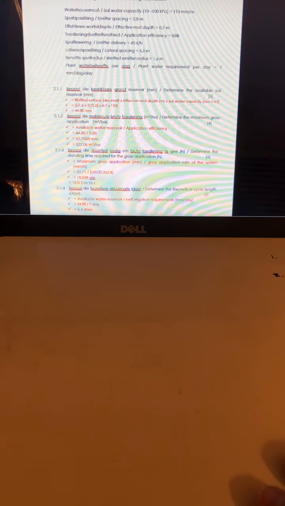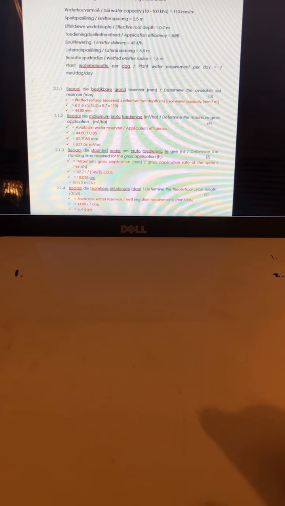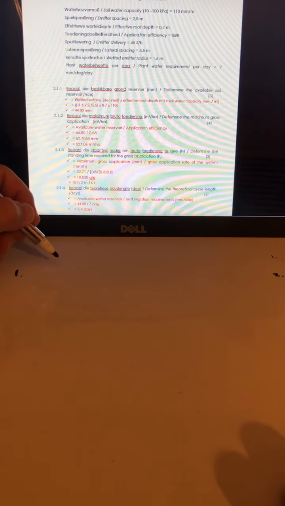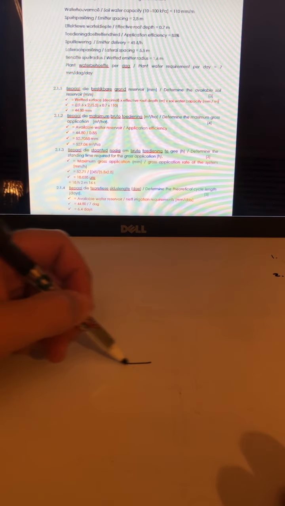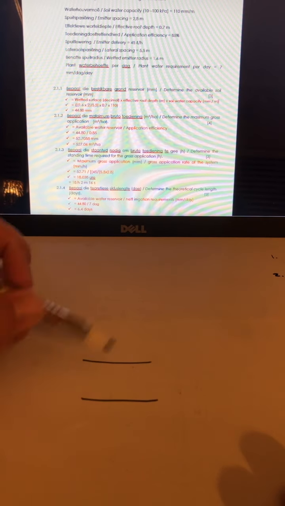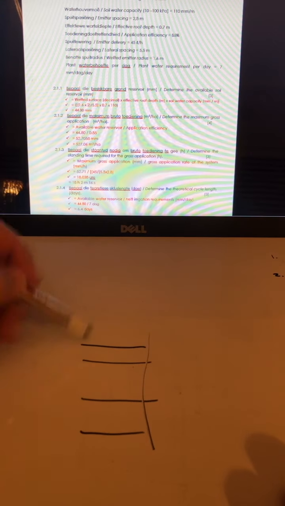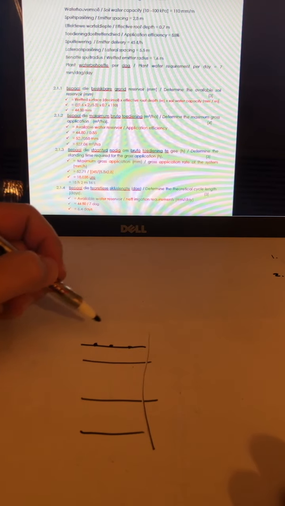What that means is you want to determine how much space is in the soil for the water to fill up. So you'll take the wetted surface, and the wetted surface is the radius multiplied by the lateral spacing. Just to show this on a sketch, maybe this is your main line and these are your laterals, and you have a bunch of emitters.